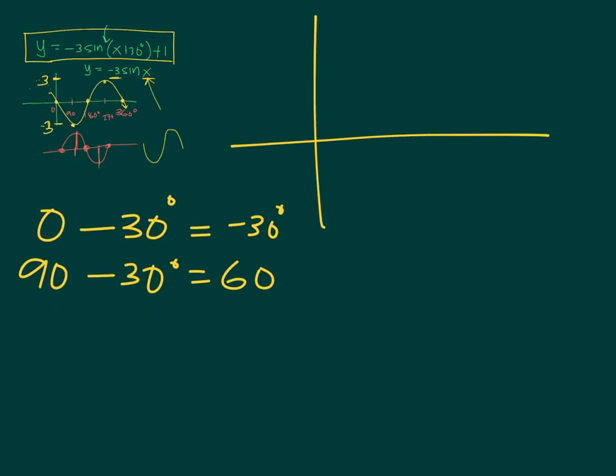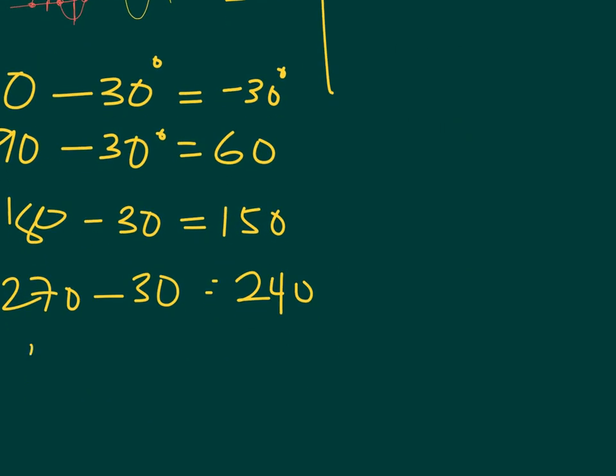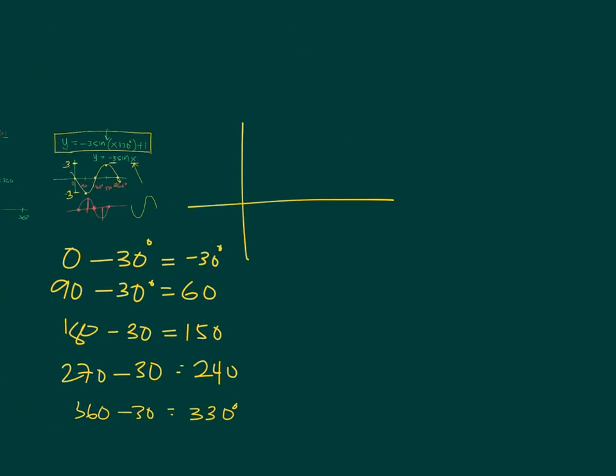Then 180 minus 30 is 150, 270 minus 30 is 240, and 360 minus 30 is 330. It's up to you how you space them properly on your axis.